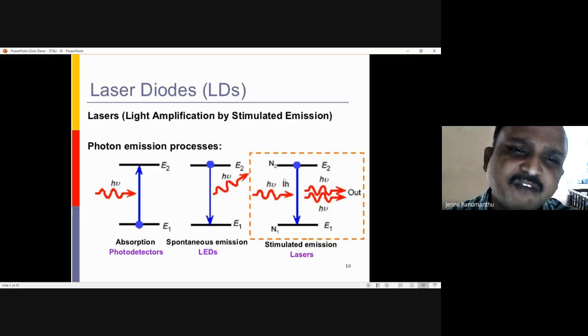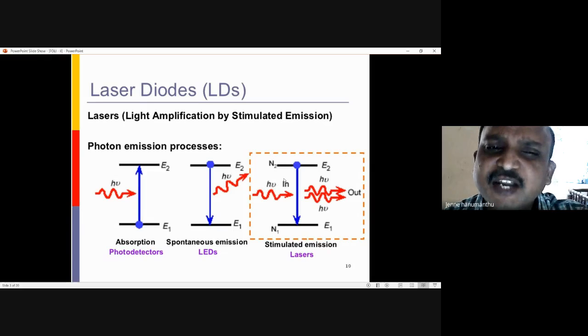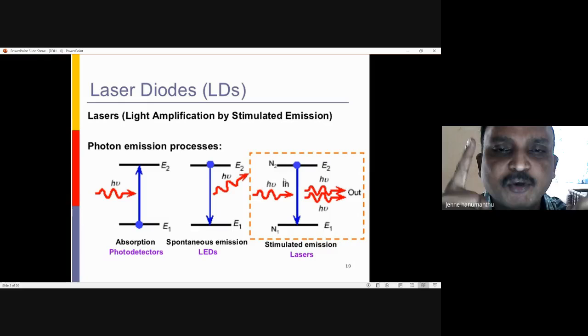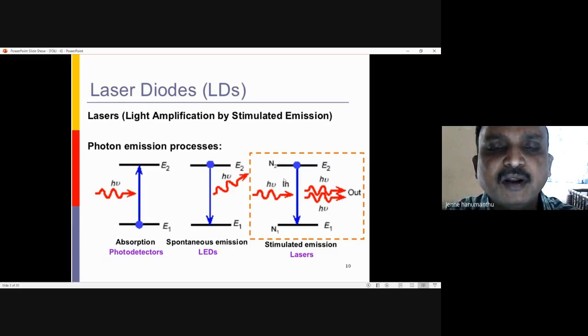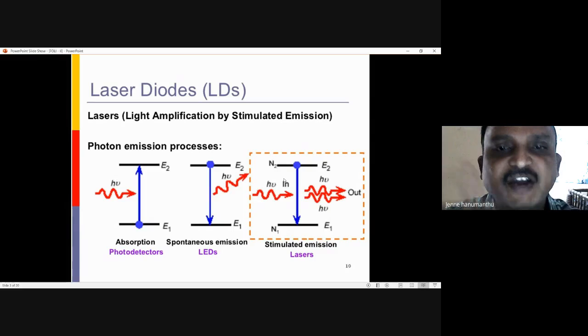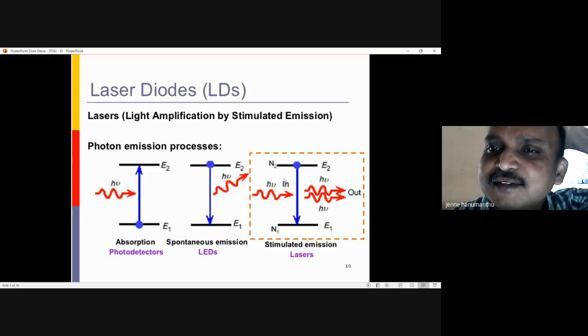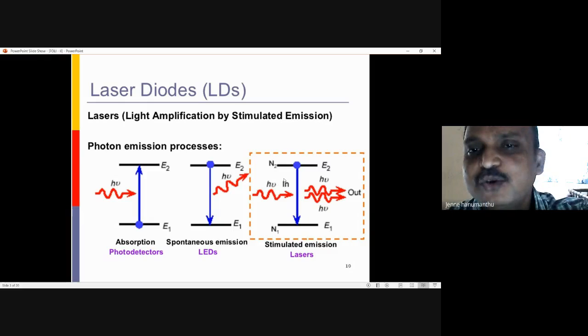We can reduce wastage of light in the laser-fiber alignment, whereas we waste most of the light when we couple an LED with fiber. Understand my point? So the laser's importance is like this.